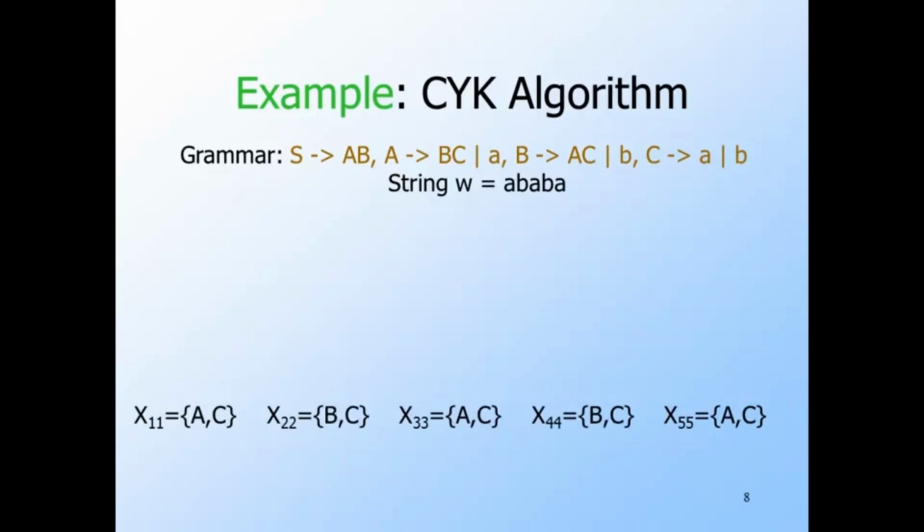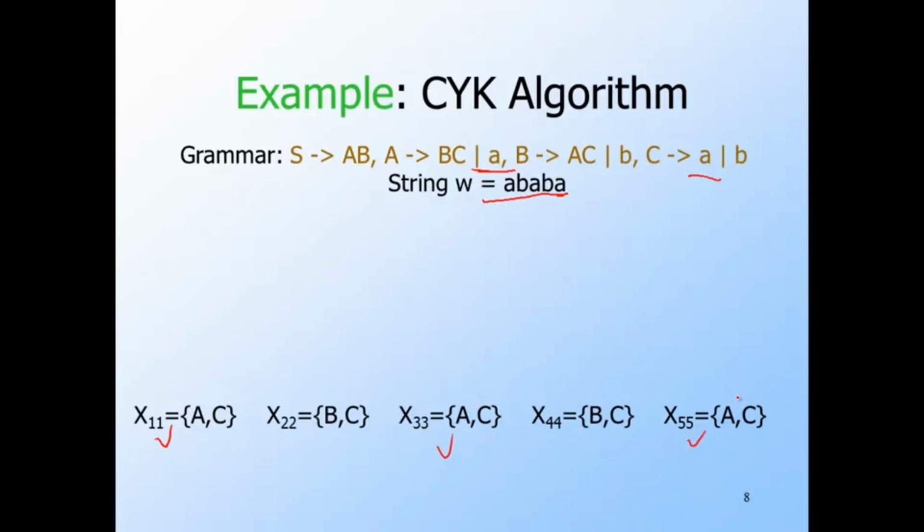For the basis, let's see which variables have a production whose body is a. These variables are capital A, which has this production, and capital C, which has that production. Thus, if w has the symbol little a in position i, then X_ii will be {A, C}. We see a in positions 1, 3, and 5 of w, so that explains X_11, X_33, and X_55.